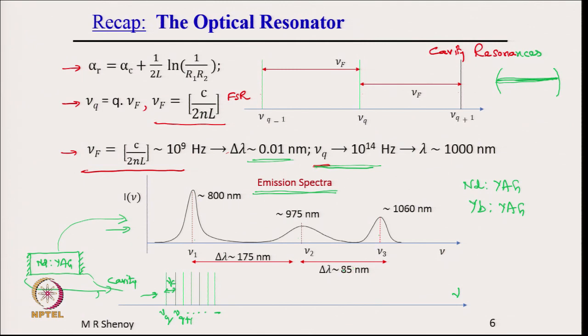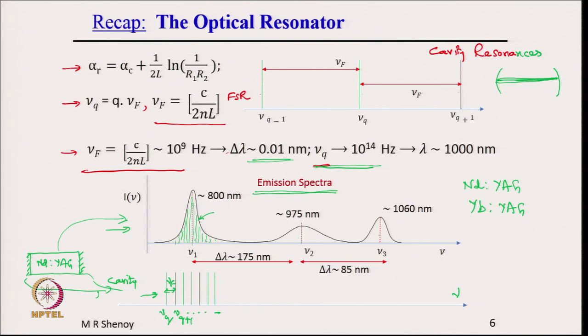This means that within one atomic resonance, there will be a large number of longitudinal modes of the resonator, or cavity resonances, within one transition. Why am I interested in this?